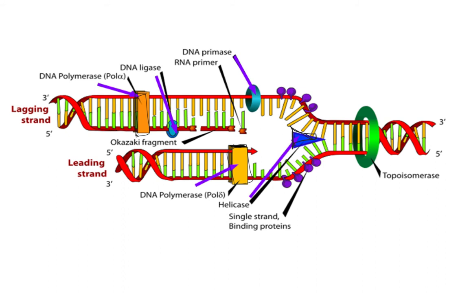We also can see that the strands are anti-parallel. 3' is running this way, 5' is running this way, and as it is unzipping in this direction, we can see that RNA primer right here is replacing pieces, and along the side over here we have ligase that is moving up and down the backbone, putting the backbone in and repairing necessary bonds.